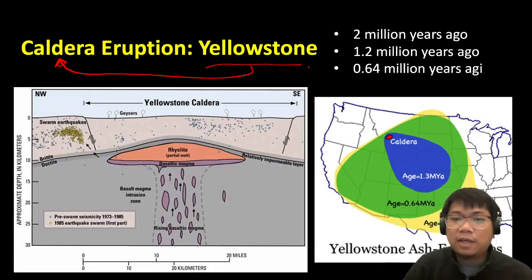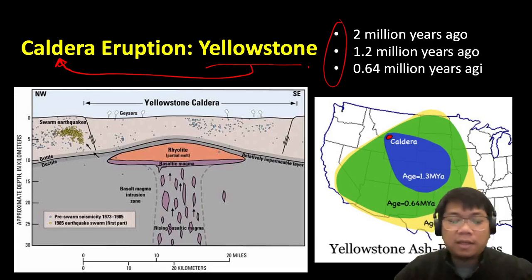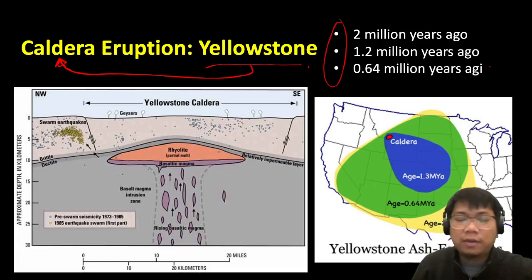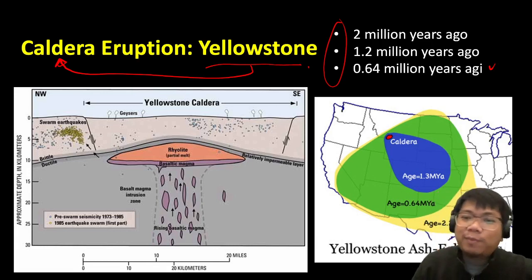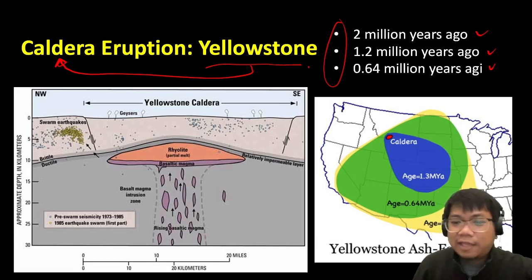In Yellowstone, at least three main eruptions occurred: 640,000 years ago, 1.2 million years ago, and 2 million years ago, as indicated by this map right here.